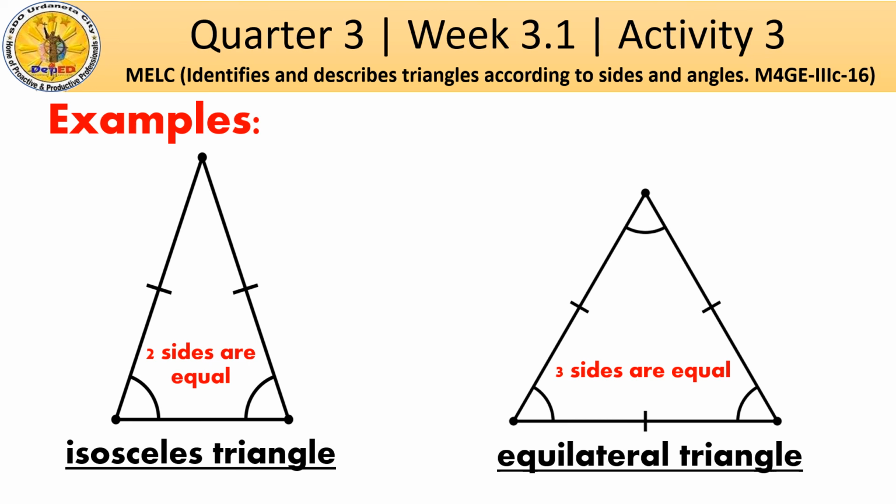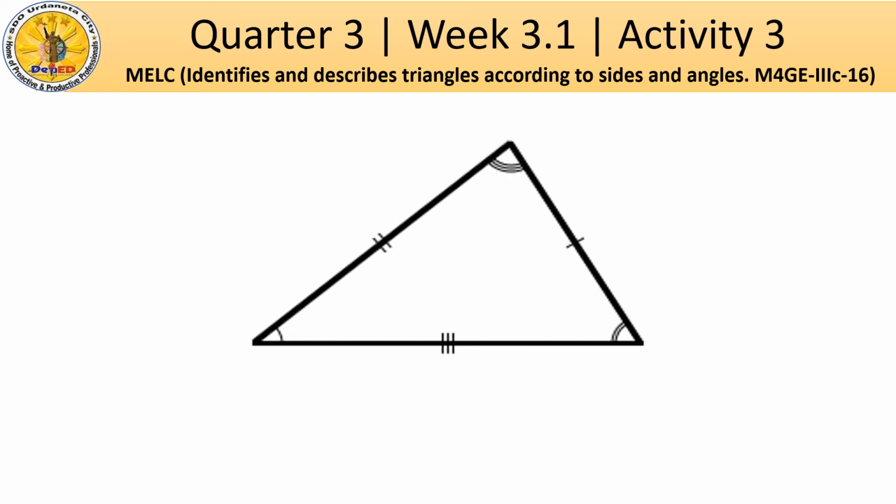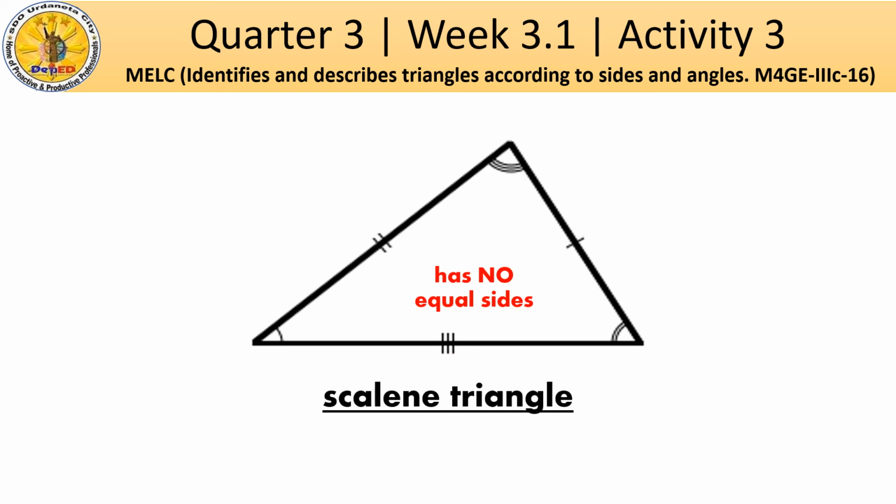Therefore, this triangle is an equilateral triangle. For the last example, we have a triangle that has no equal sides, and we call this triangle as scalene triangle.